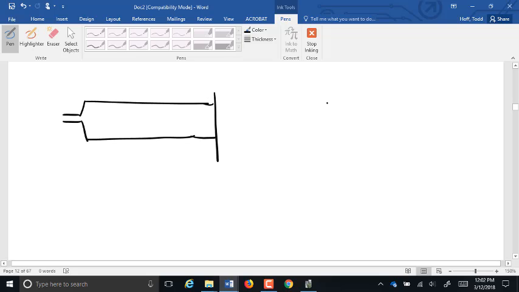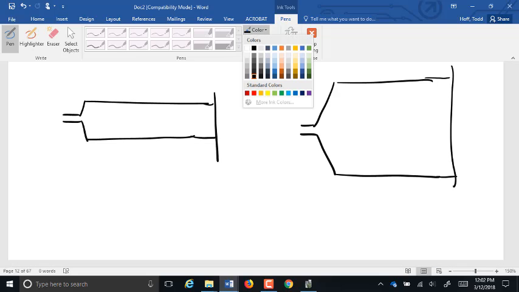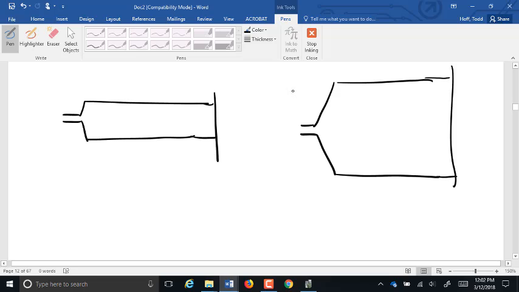In fact, let's do it this way. Which syringe is going to be which? One syringe goes from, our first marking is going to be labeled one, two, like that.